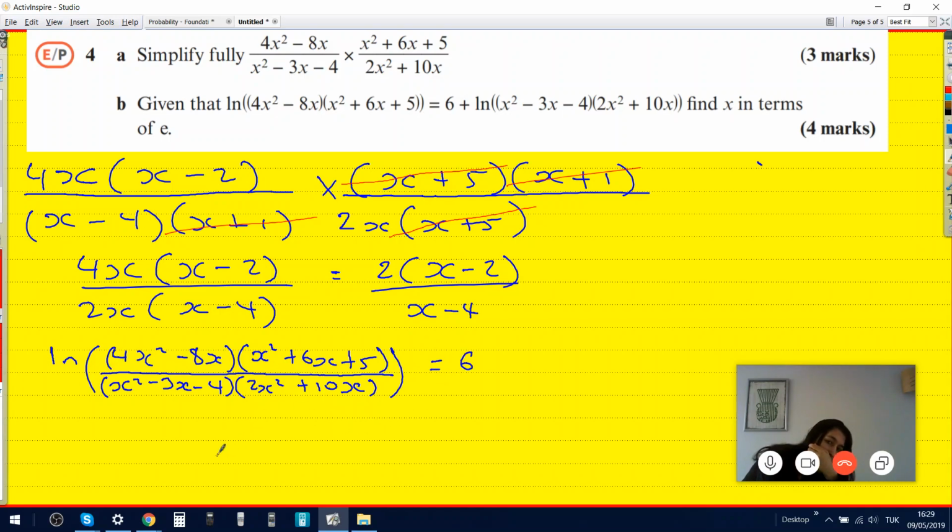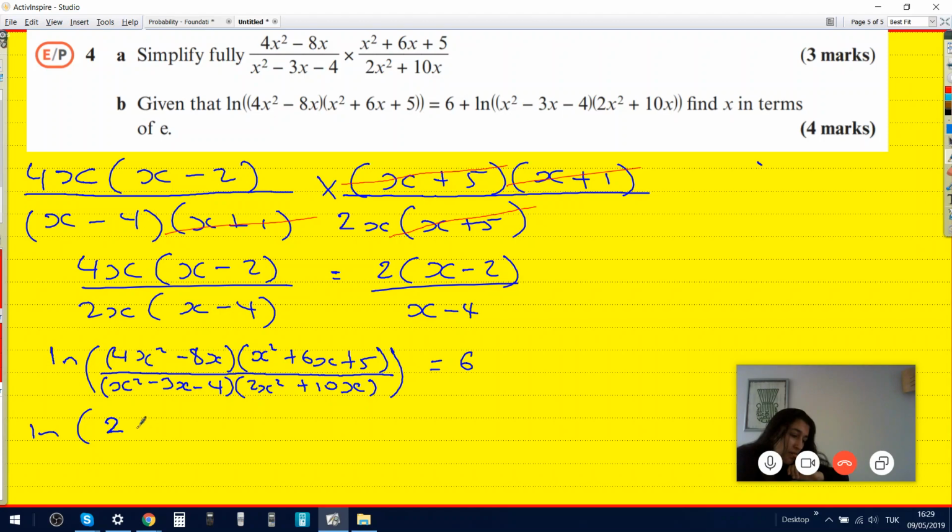And does that stuff look familiar? Same as ln 2x minus 2 over x minus 4.